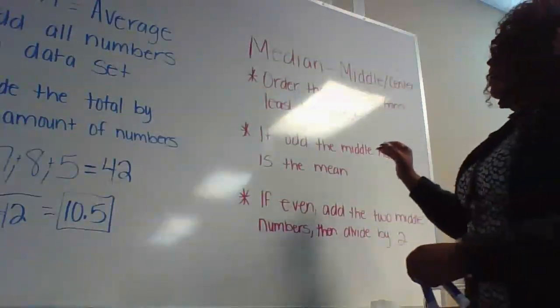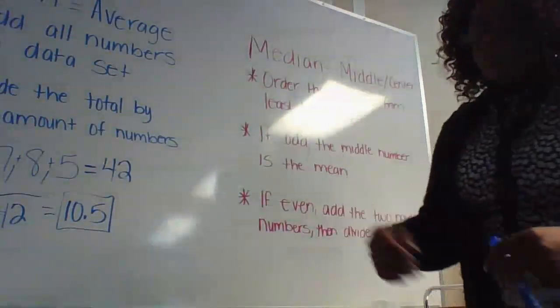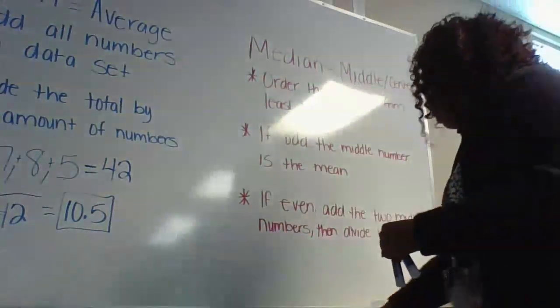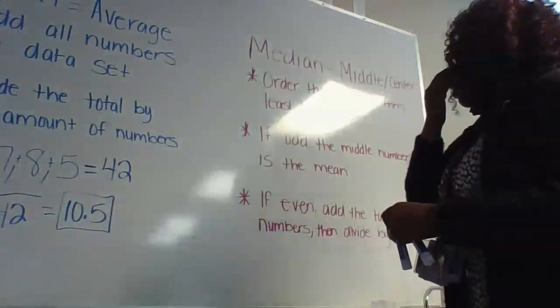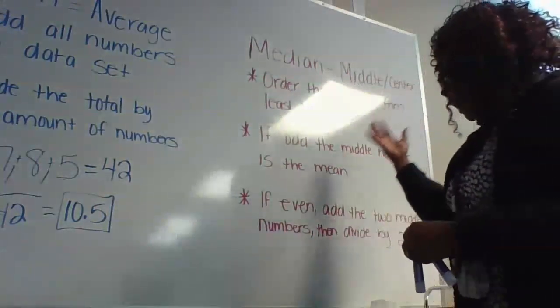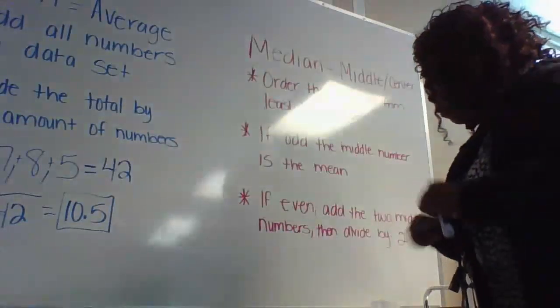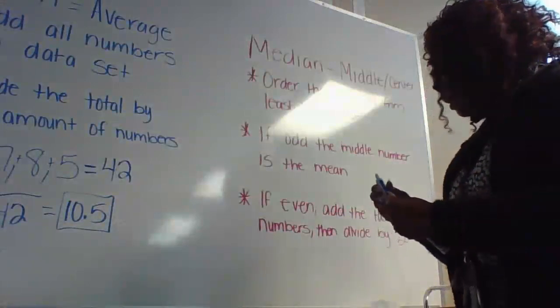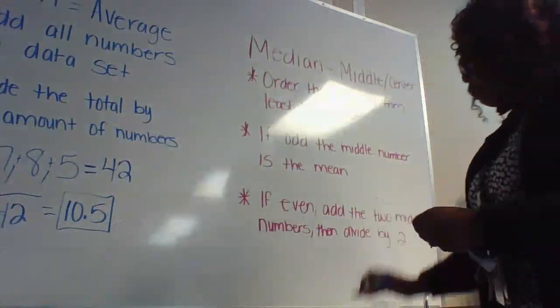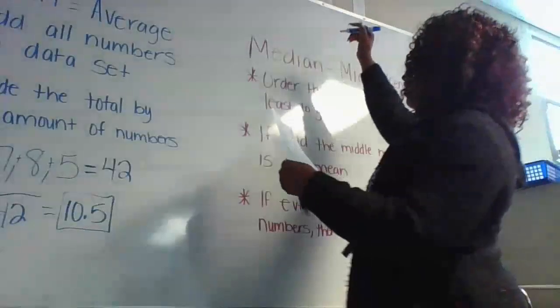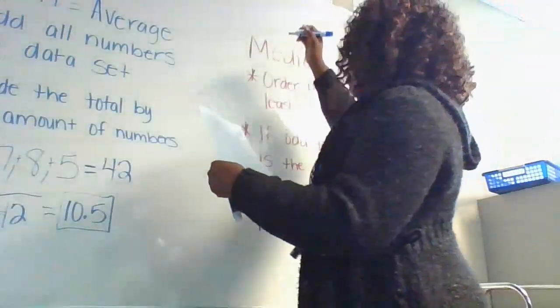The way that we find that is we're going to have a data set, and remember, the data set is simply numbers that we give you. I'm going to try to write it so that you can see.